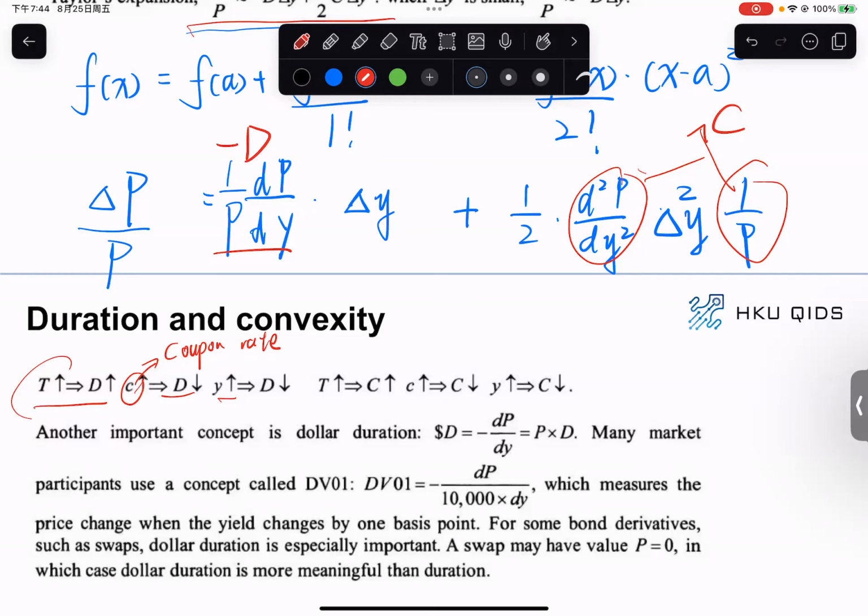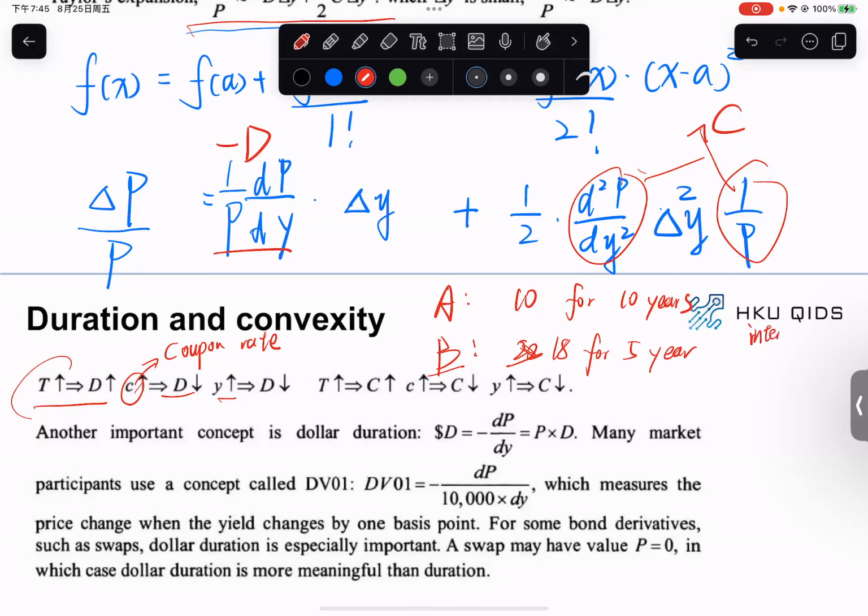For example, if we have a coupon A which pays me $10 for 10 years, basically we can construct, with a higher yield rate, an approximation with something like 20, I don't know, or even 80 for 5 years, right? If the interest rate is equal to 0, if we don't need to consider the present value of money.